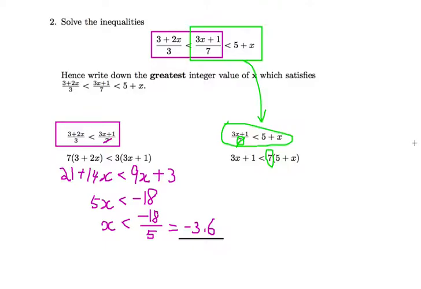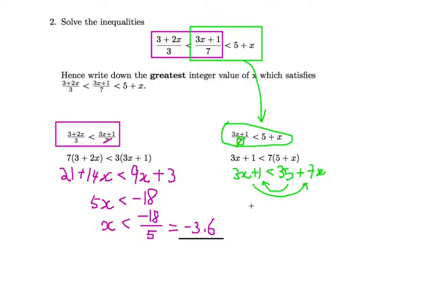And then from here, I think everyone should know how to do it. We just multiply 7 in, 3x plus 1 remains the same. But if we multiply 7 in, we get 35 plus 7x, okay.